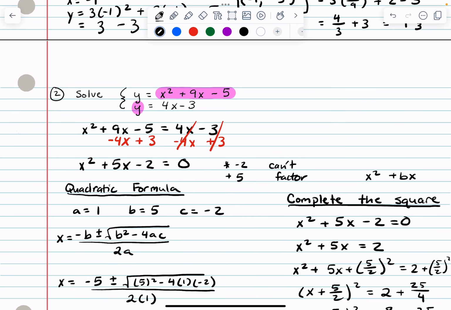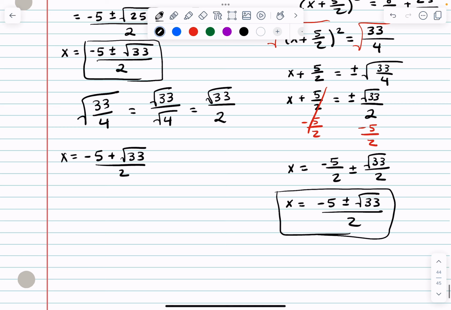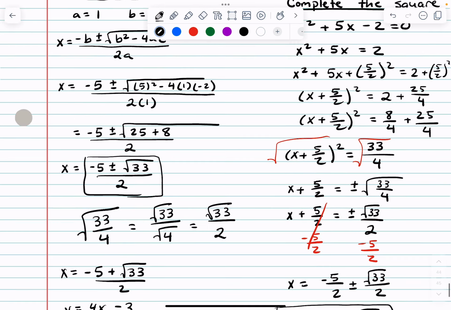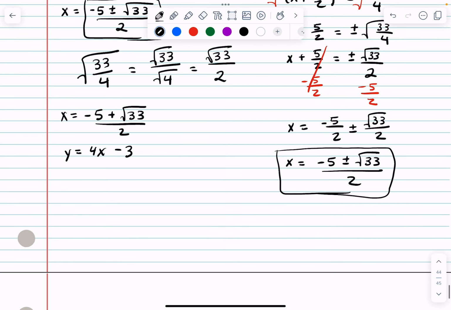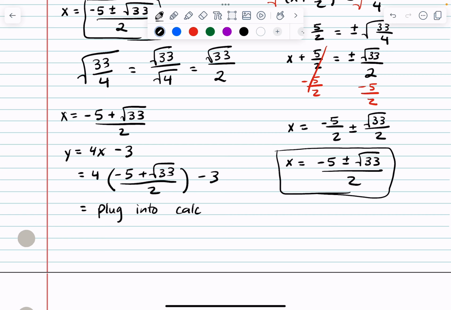And y is equal to 4x minus 3, which is a lot easier to use. So y is equal to 4x minus 3. So we have 4 times -5 plus the square root of 33 over 2, minus 3. And you're just going to plug that into a calculator to get your final answer for your y.